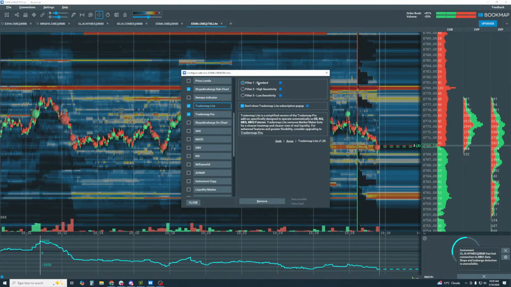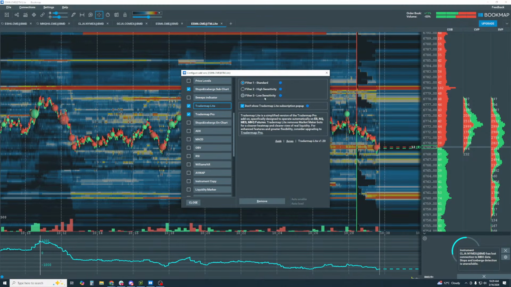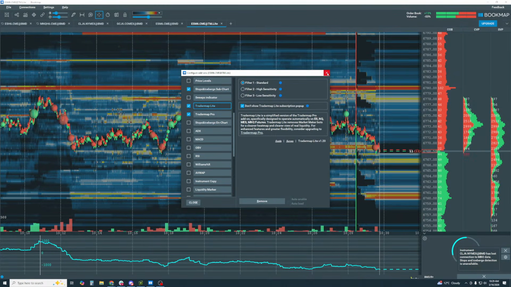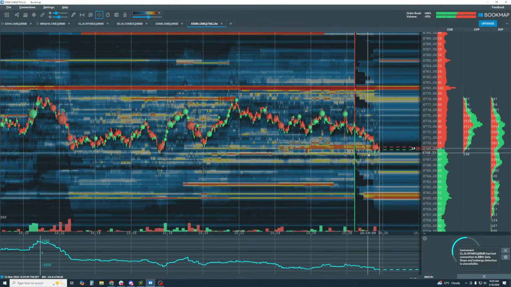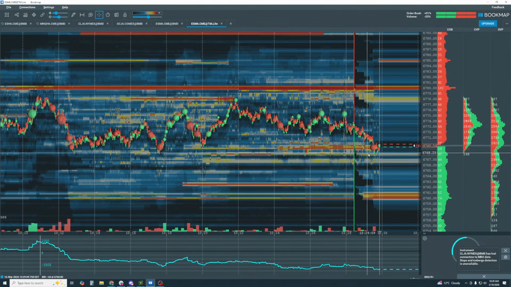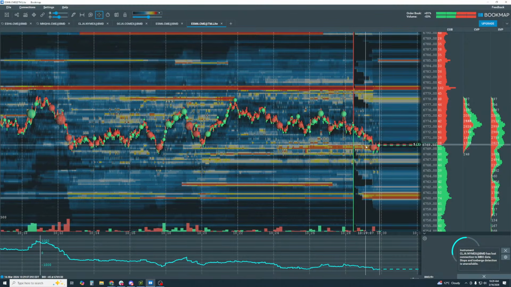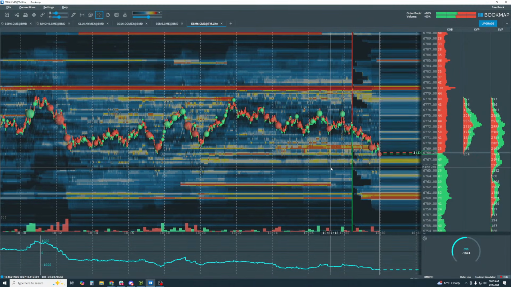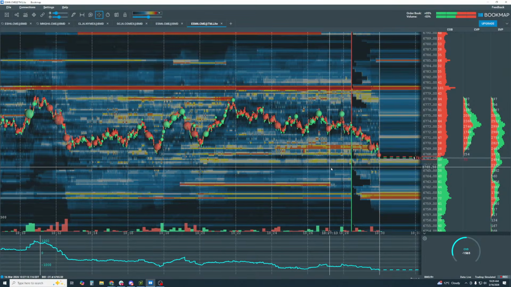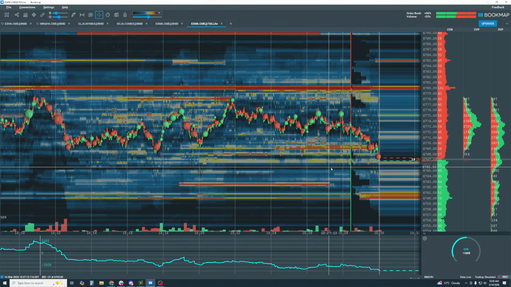You've got standard, high sensitivity, and low sensitivity. Whereas the Trader Map Pro works on any of the instruments that have market by order data, and instead of just 3 settings, you have a slider in there.